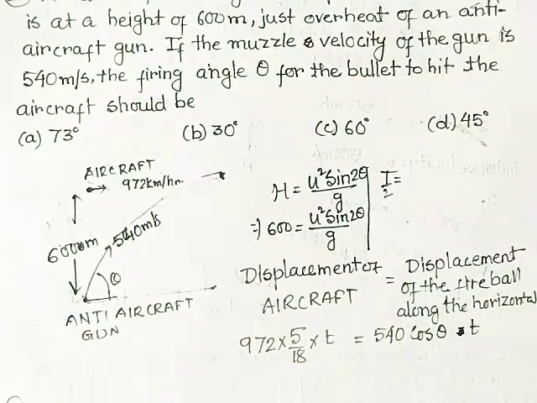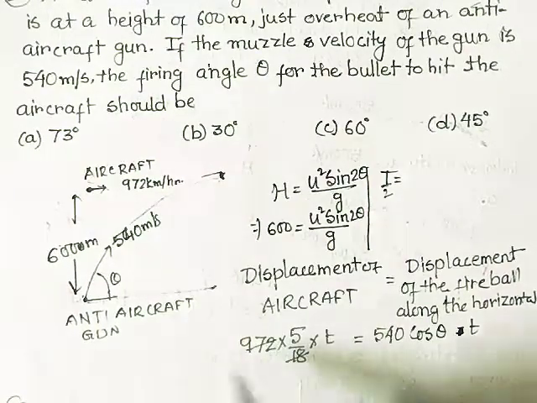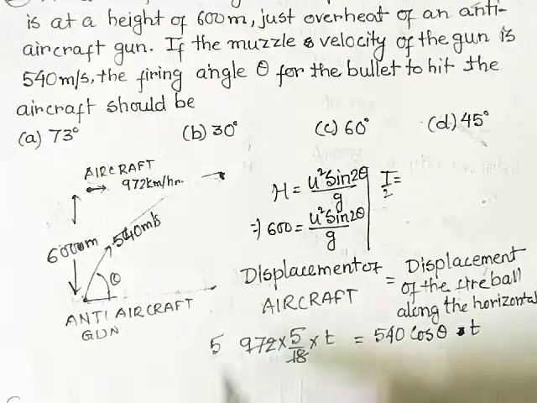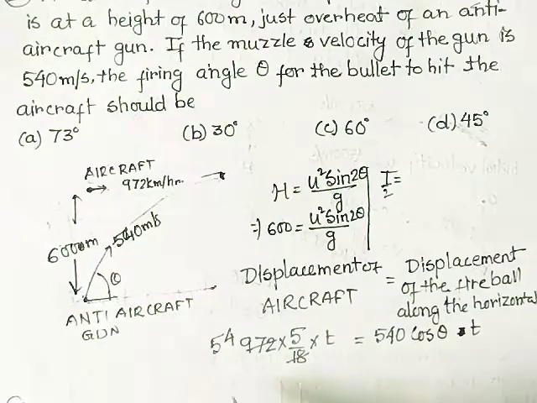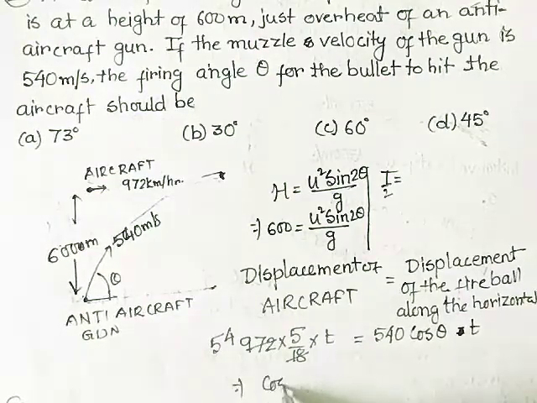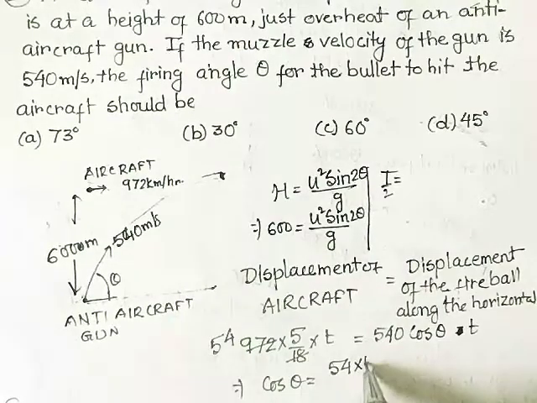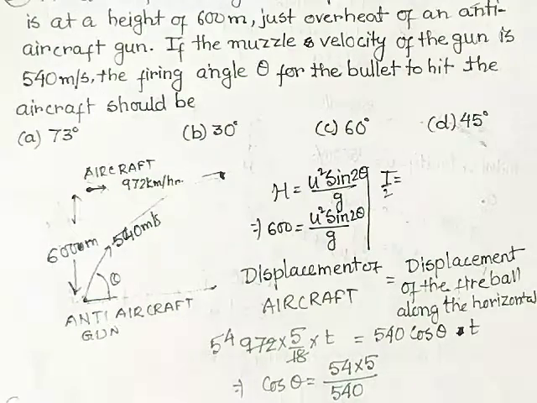So this t cancels out, and from here you have to find cos theta. 972 into 5 by 18 is 54 into 5, so cos theta equals 54 into 5 divided by 540.